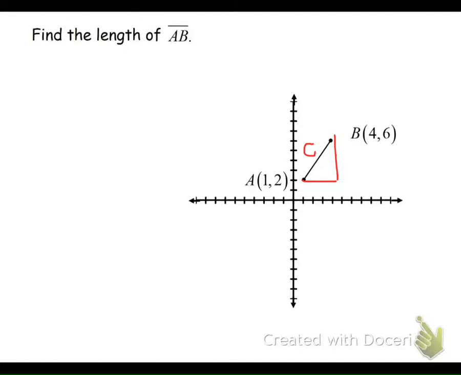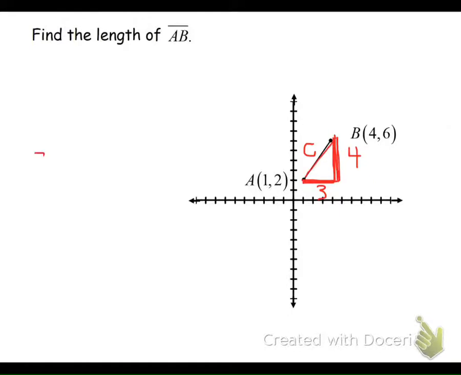And since I used graph paper, I can figure out what these lengths are. This length here went from 1 to 4, so that was a 3. I can count the squares. This length going up and down went from 2 to 6, but I could count the squares. And now I can find the missing length using the Pythagorean theorem.